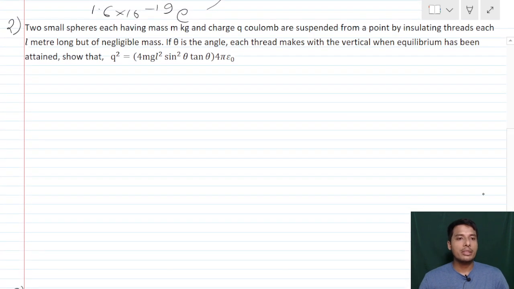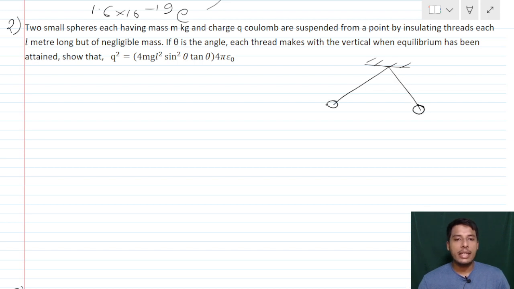The next problem is basically: two small spheres each having mass m kg and charge q coulomb are suspended from a point by insulating threads, each L meter. So let me first draw. So a thread, two threads, one is L meter, another is also L meter.